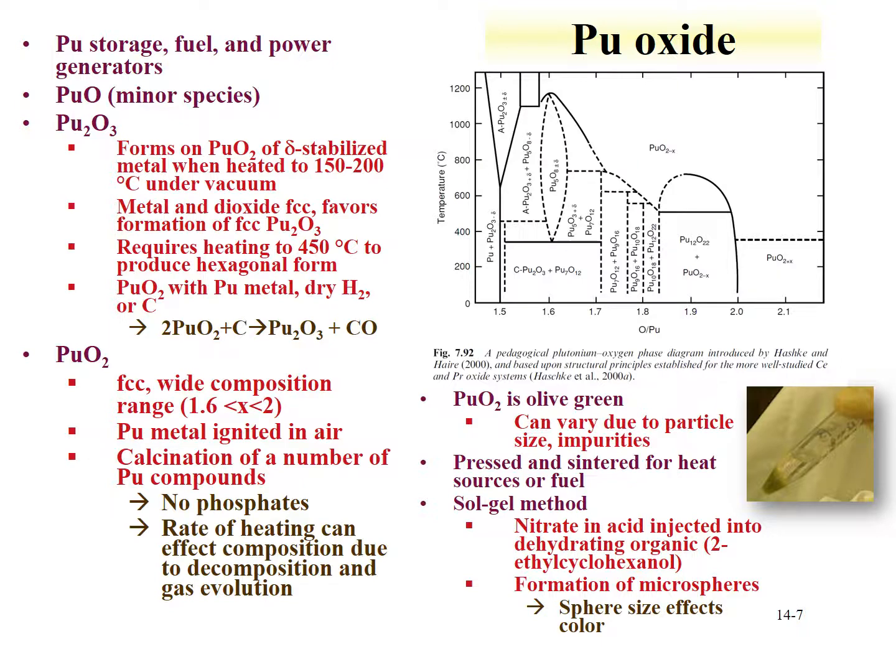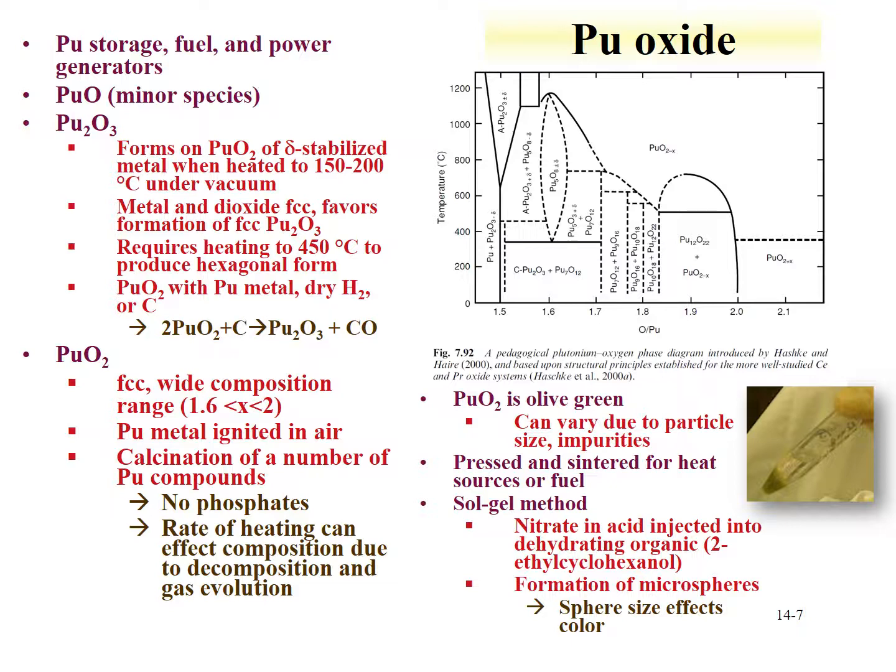For instance, if you calcinate precipitates of plutonium oxalate, you'll get the dioxide. However, if you precipitate phosphates, which readily form, you will not get the dioxide. So the heating rate, if you do calcination of material to produce the plutonium dioxide, will affect the composition due to the rate of decomposition and gas evolution in the material.